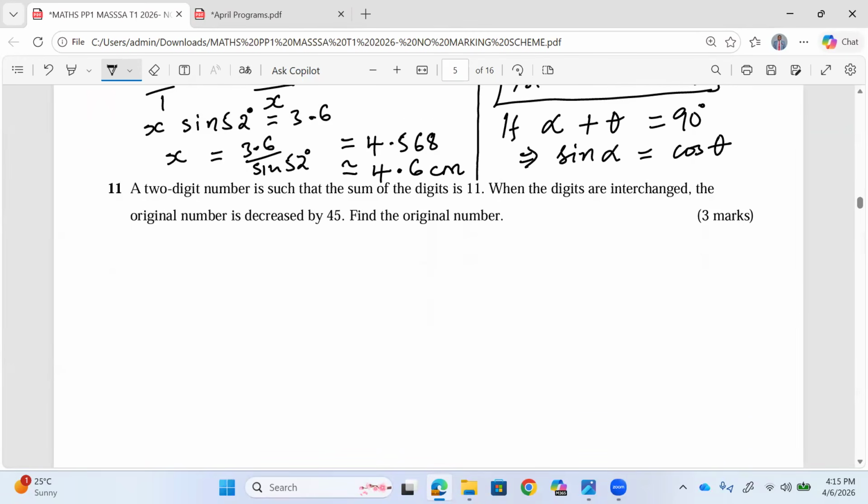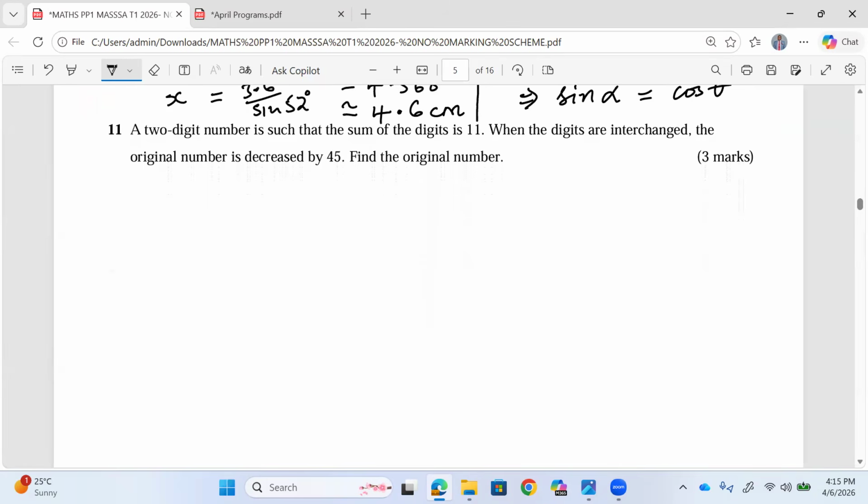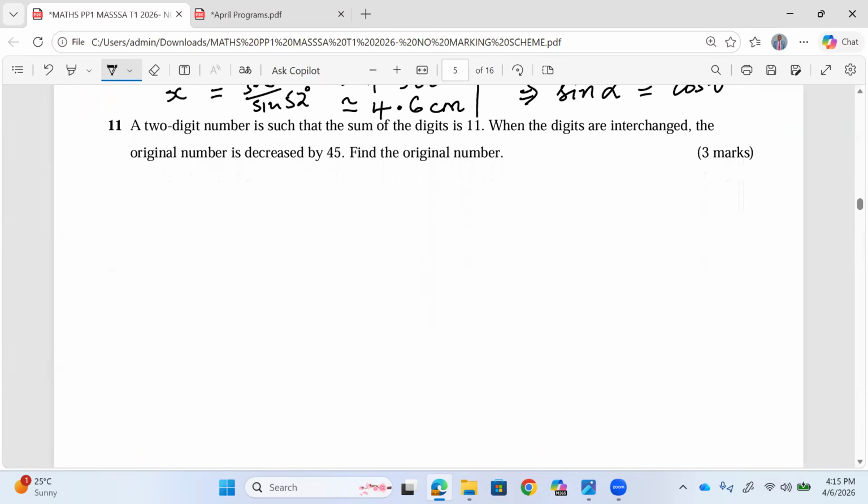Number 11. We discussed number 11 now. A two-digit number is such that the sum of the digits is 11. Now, when the digits are interchanged, the original number is decreased by 45. Find the original number.